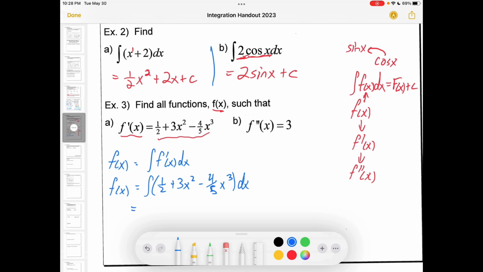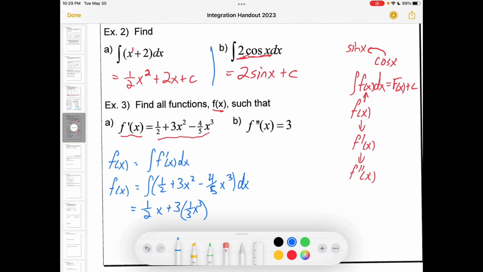And the dx is just basically telling us with respect to x here. Okay, what differentiates to 1/2? Well, 1/2 x. What differentiates to 3x squared? I bet a lot of people can just see that by inspection, but if not, we can still use our rules. The 3 would stay, it's a coefficient. The power goes up by 1, and the flip of the new power goes in front.